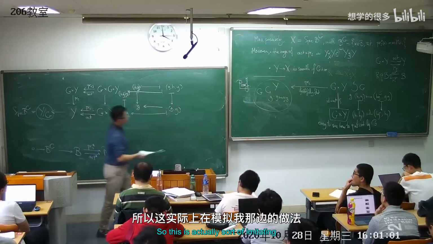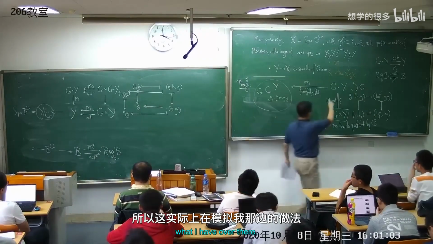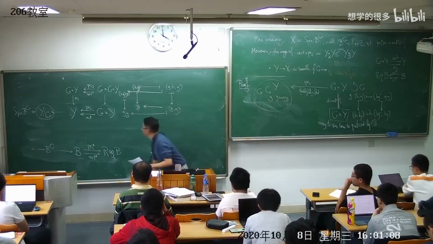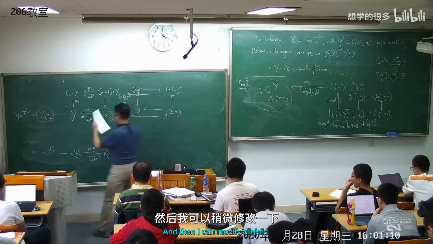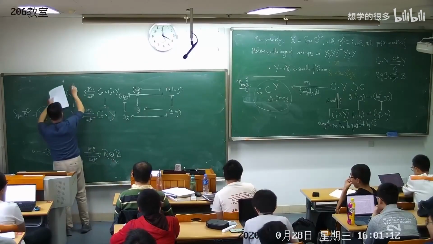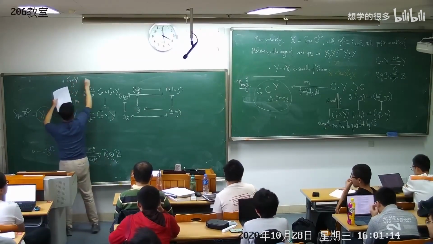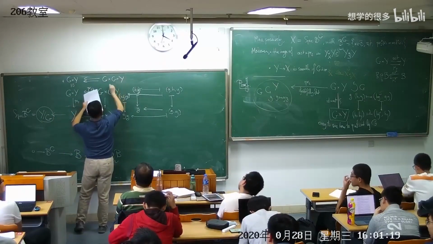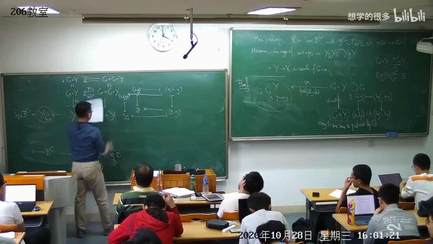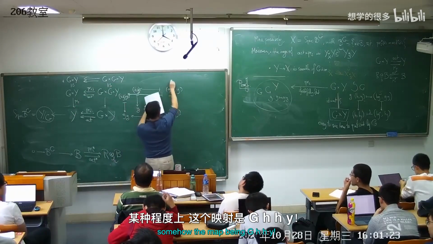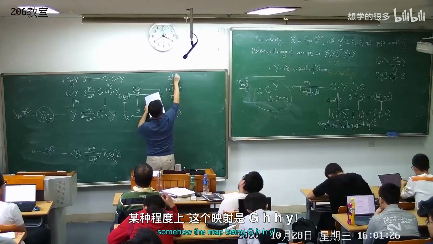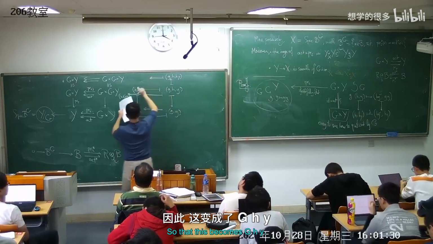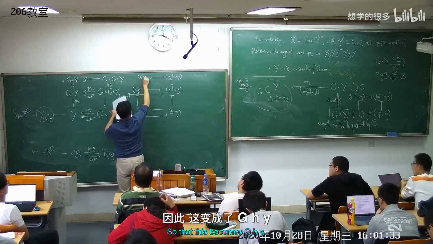So this is basically sort of imitating what I have over there. And then I can modify it slightly. Somehow the map being GHHY, so that this becomes GHY.